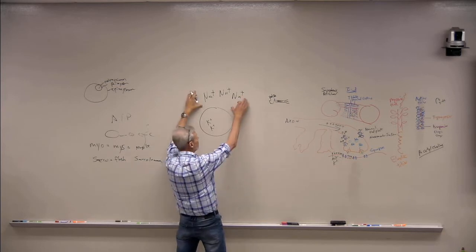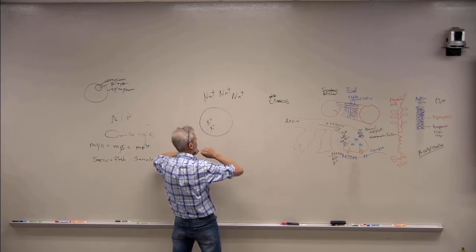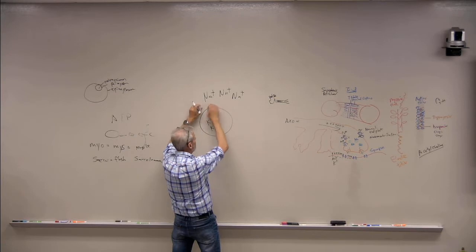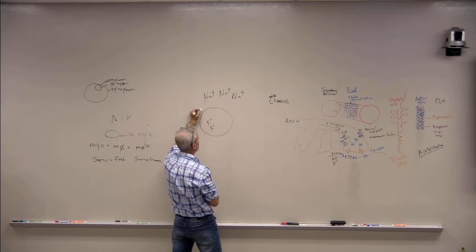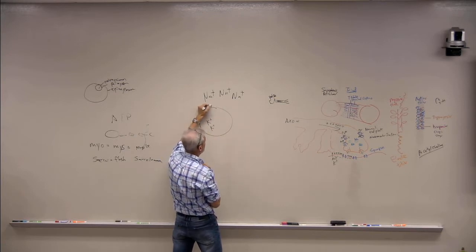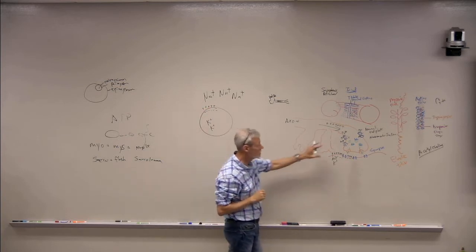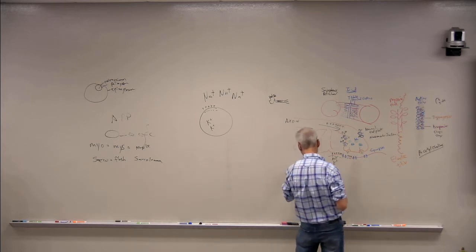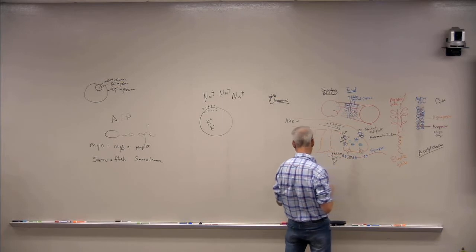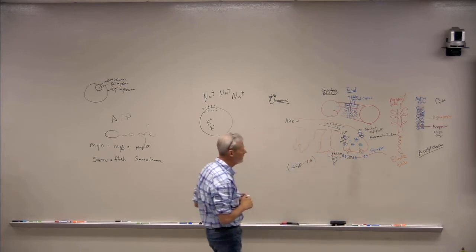Because you have more sodium out here than in here, and more potassium in here than there, the cell is positive on the outside and negative on the inside, right? Normally, in most cells, it's about minus 90 to minus 110 or so, okay?